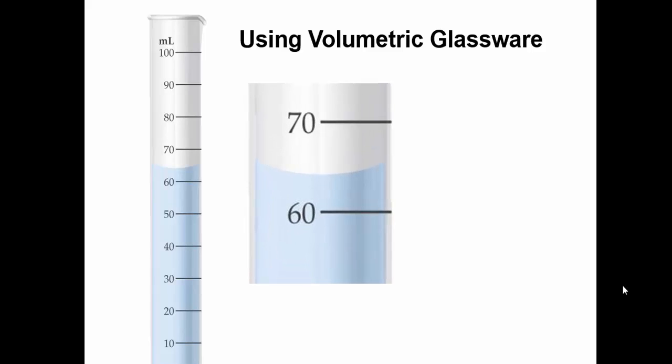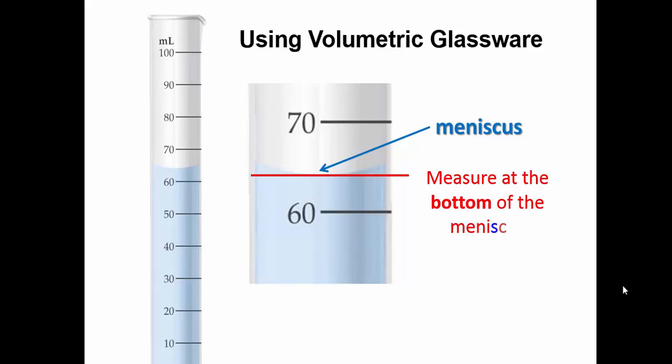And in this case, what you do is you use a volumetric flask, and you fill the flask with water. You always measure it from the bottom of the meniscus. So you measure it there, and you'll notice we have a 60 and a 70.